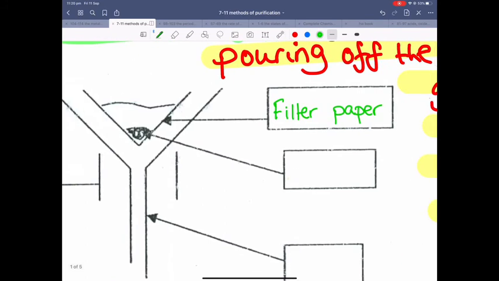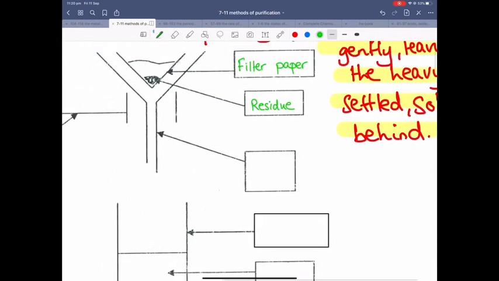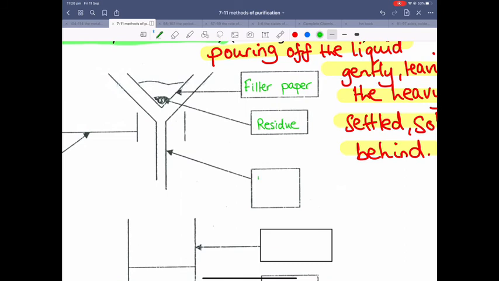Obviously, this is the mixture that you've poured in, but that doesn't have a separate label to it. That will normally be given to you in the question. Now this substance, the insoluble solid, which is trapped in the filter paper, that's called the residue. Okay, and then this is called the filter funnel.